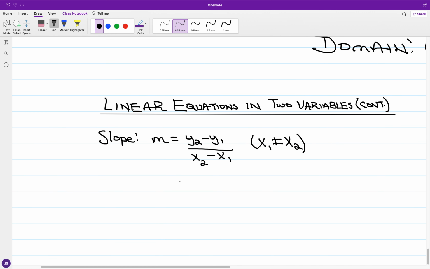Now, involving slope, there is one type of equation, and this is going to be referred to as the point-slope equation of a line.